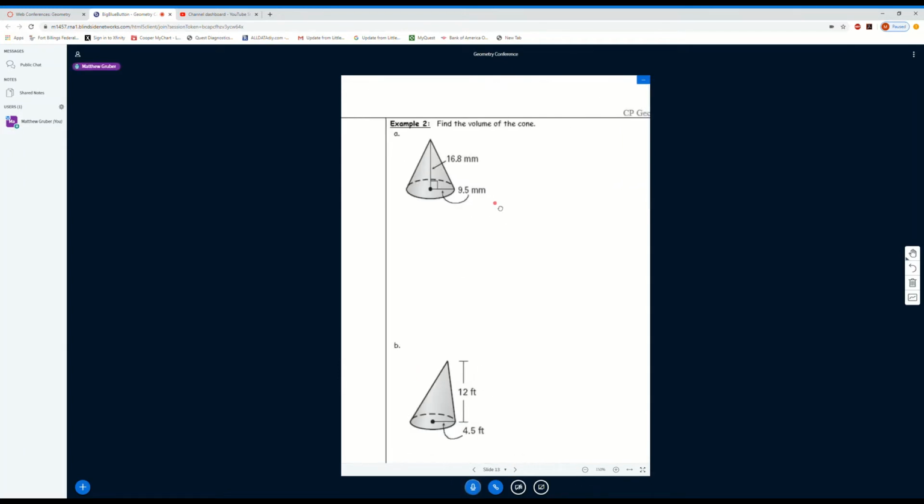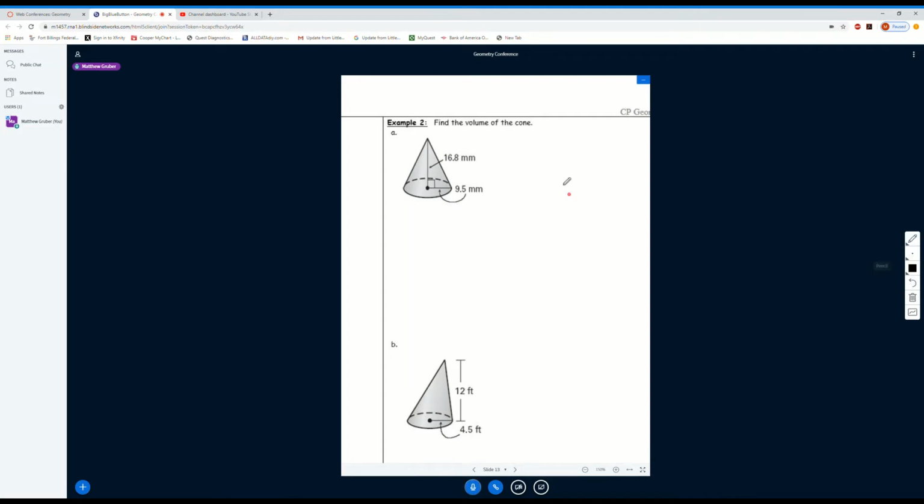So here we go. Find the volume of a cone. The volume is 1/3 pi, 3.14, r squared, where r is the radius. The radius in this one is 9.5, so 1/3 pi r squared h, and the height is 16.8.